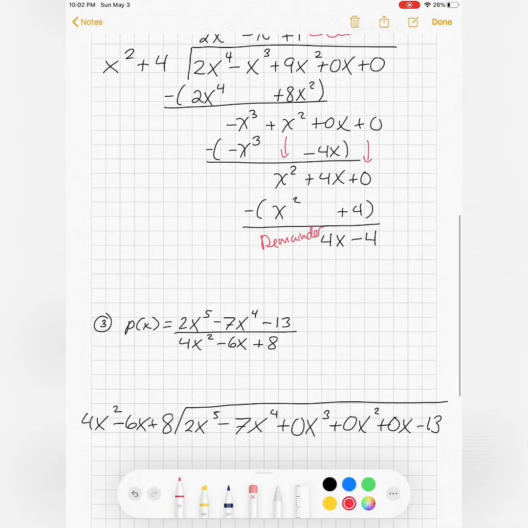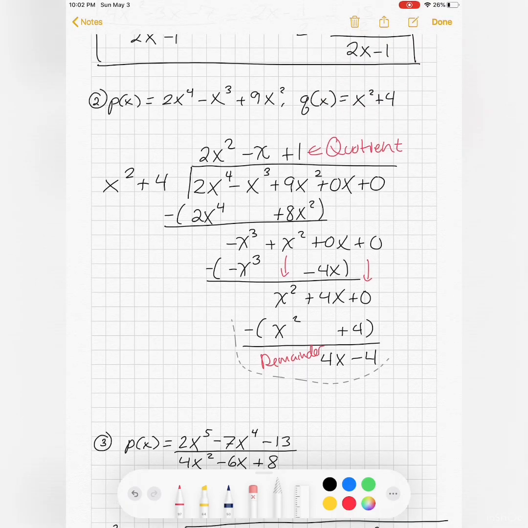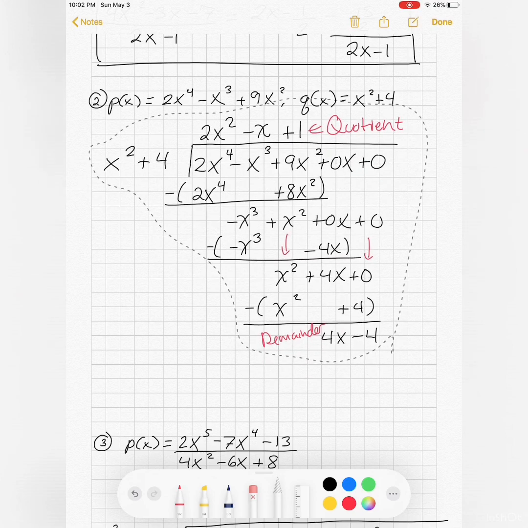Okay, and then let me just write out the division. Just gonna move this up a little bit. So let's see. So then I'm gonna have this guy.